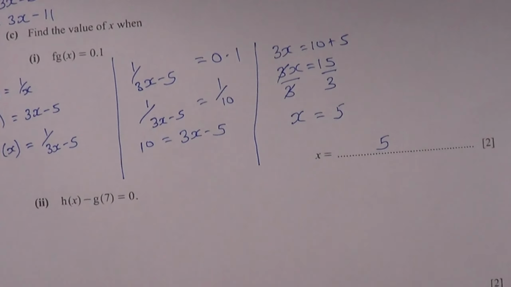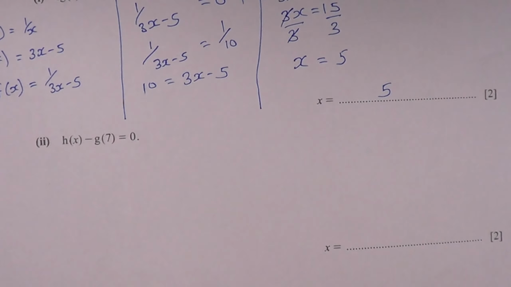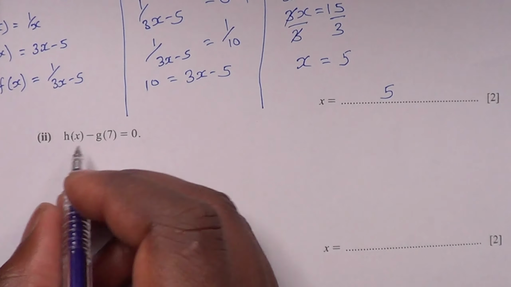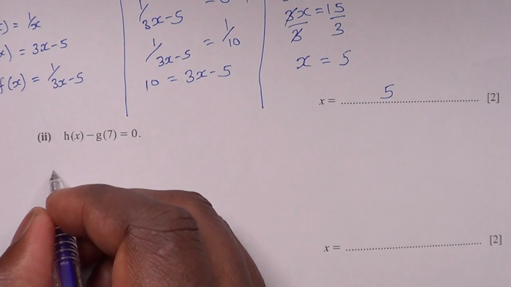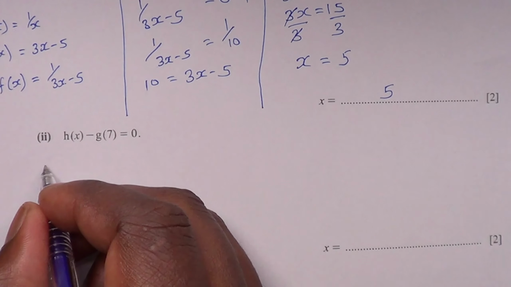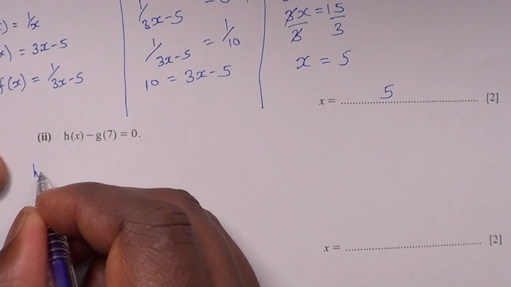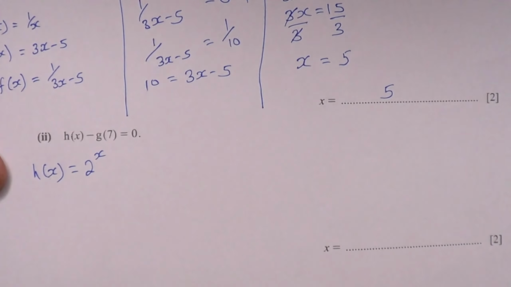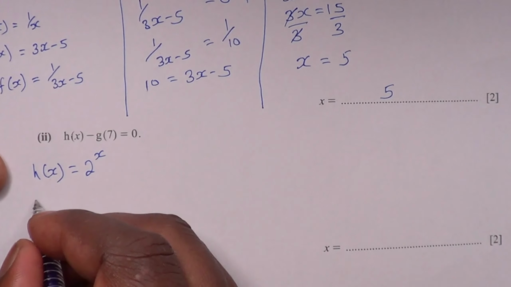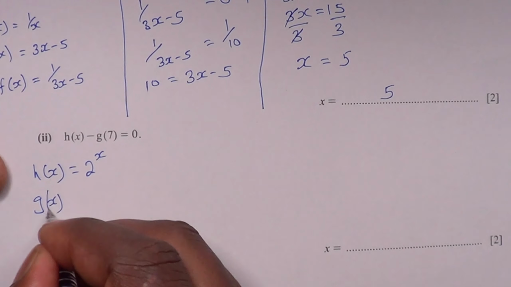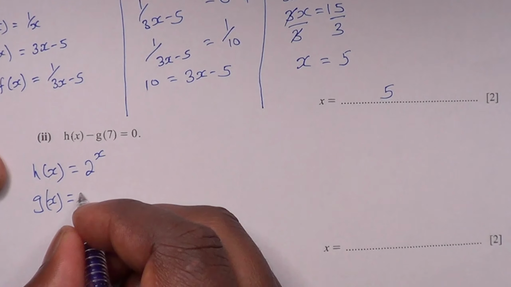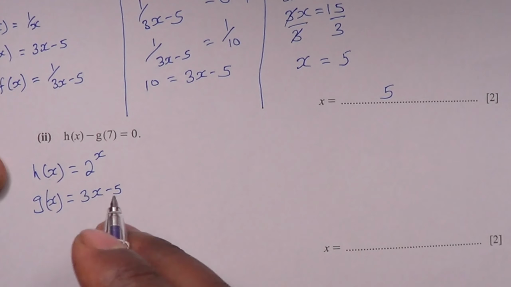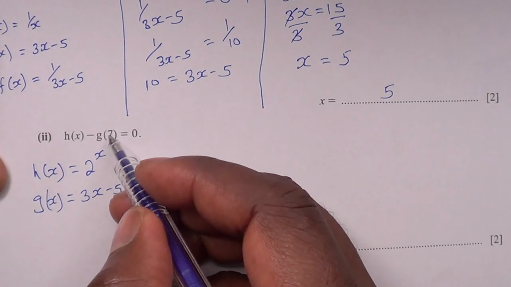Okay, look at the last one. Now here we are told the function h is 2 power x, and g we were given as 3x minus 5. But here we have been told g of 7.